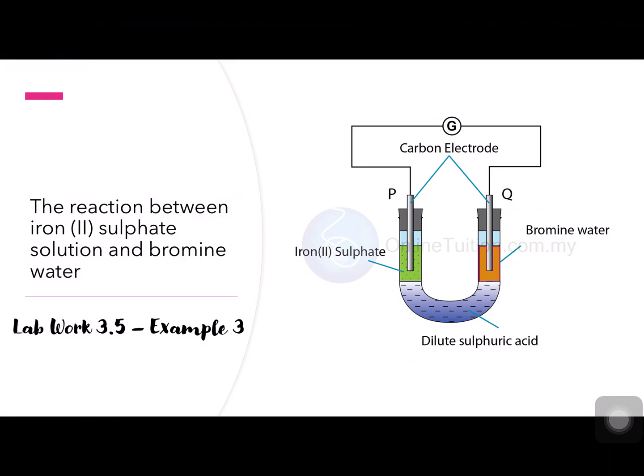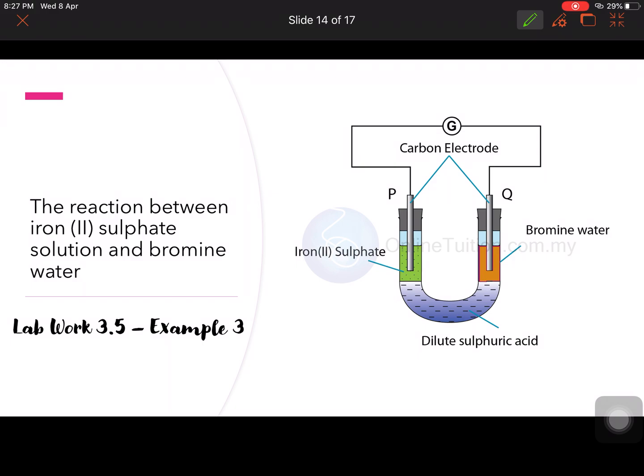Okay, last one. Example number 3. I give you iron sulfate and bromine water. So step number 1, remember, identify which one is the oxidizing agent, which one is the reducing agent. Tapi just now kan baru je tengok iron sulfate as the reducing agent.